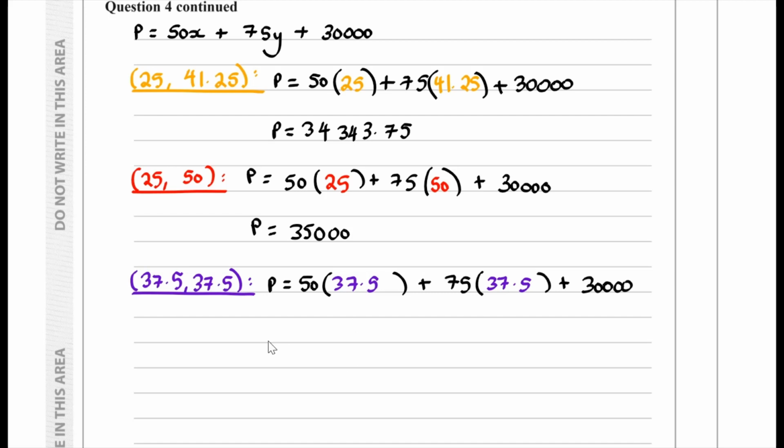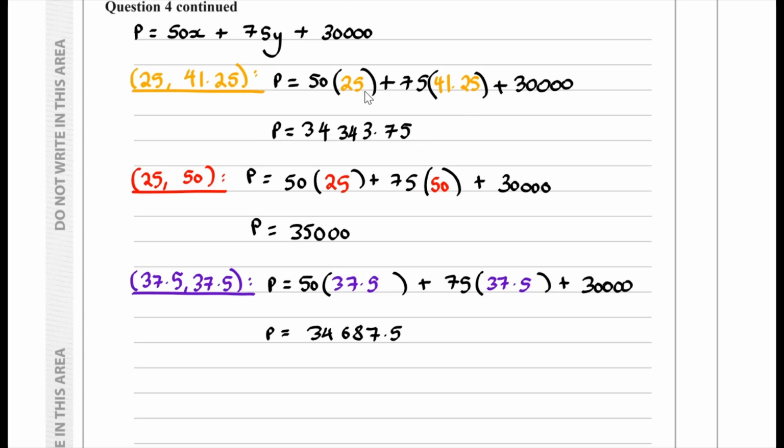You'd find P to equal 34,687.5. Now of course we want to minimize the cost, and you'd find the minimum cost is this one over here.